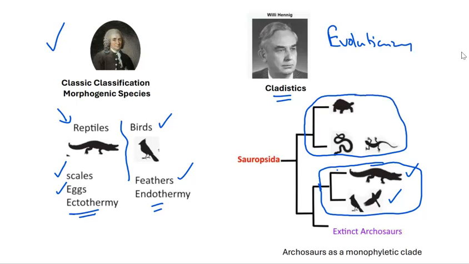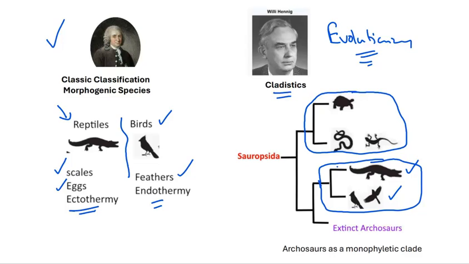And so this is reconstructing the classical diagram of Linnaeus to show the evolutionary relationships. And of course, these diagrams are called cladistics diagrams.